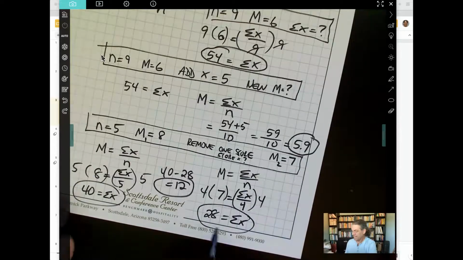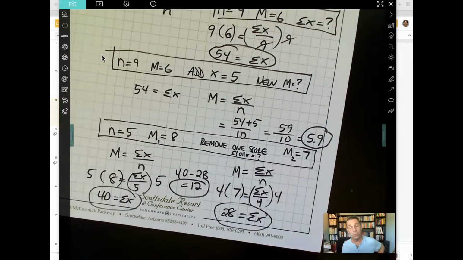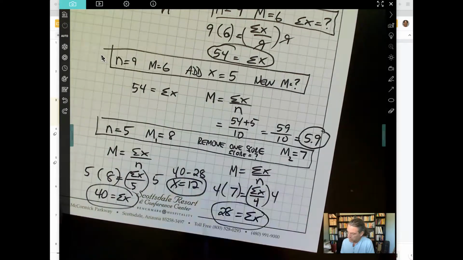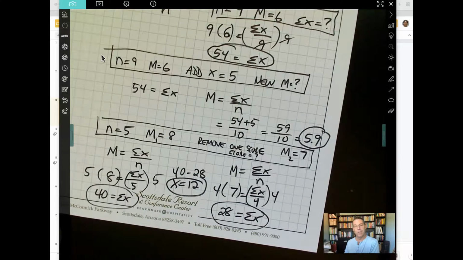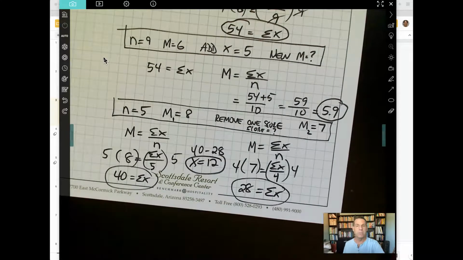Okay, so if I take the 12 out of here, I now have a sum of x of 28, and then that mean would now be 28 divided by the n of 4, or 7. Okay, so that was the score that was removed. Again, I only understand it if I understand all of the symbols and what they mean.